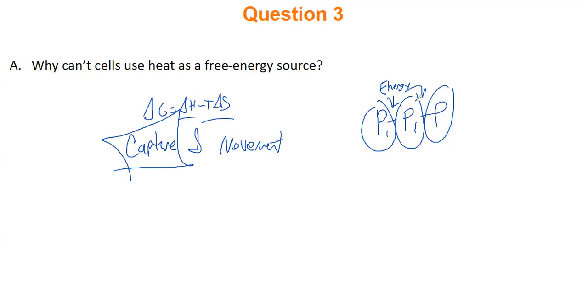Vibrations lead to an increase of entropy, which would ultimately unfold your proteins. So the main issue with heat is you can't really capture it. And two, heat is motion, right? We need chemical energy. We need energy in the form of these high energy bonds that we can control at any given time, move those phosphates around to lower energy compounds, and that energy difference allows us to do work. That is biothermodynamics in a nutshell.